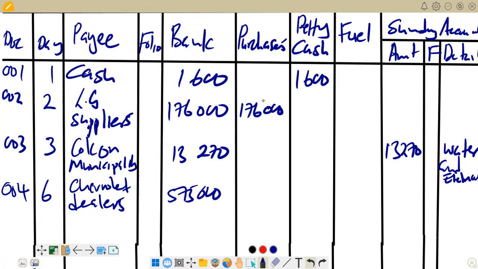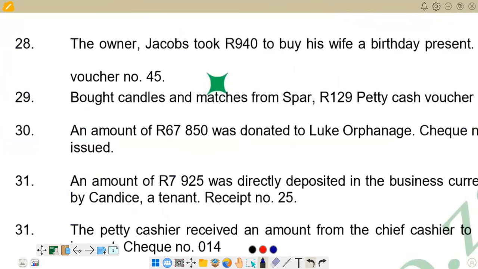We see that it doesn't fit under wages, education or fuel, so it comes here under sundry, 575,000. We know that this payment is for vehicles, so on the description, on details, vehicles. Then we go and see what we have next in terms of 7.